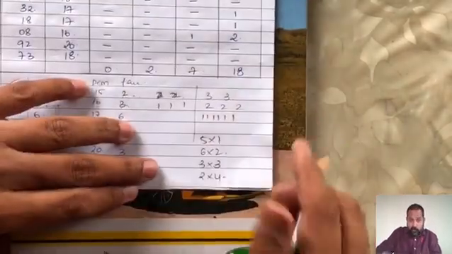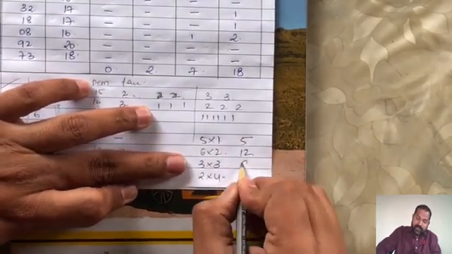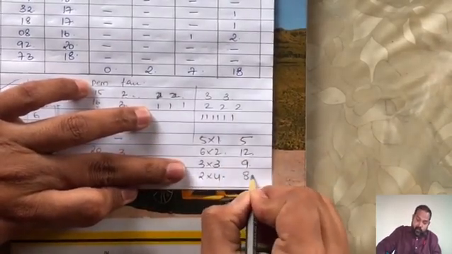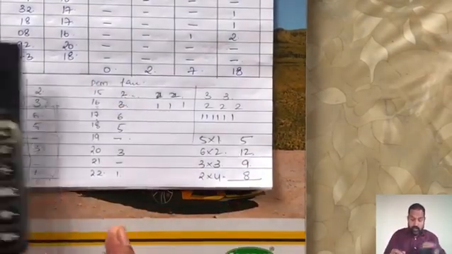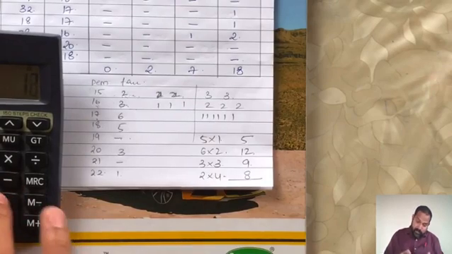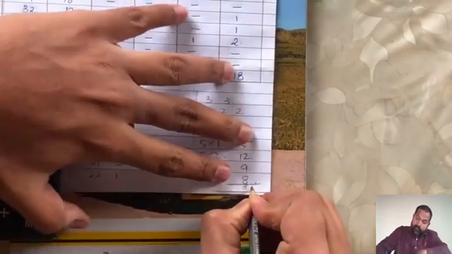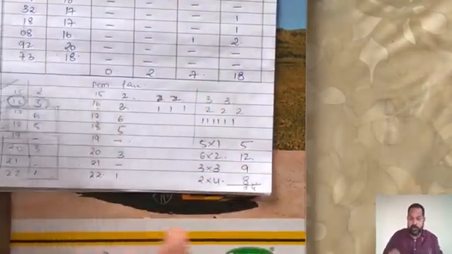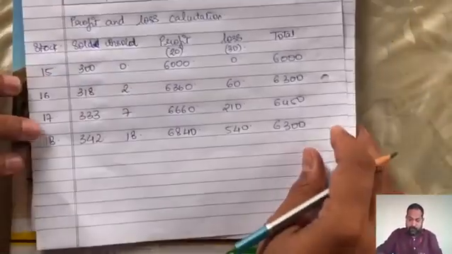So the total number of unsold books is 5, 6 2s are 12, 3 3s are 9, and 4 2s are 8. The total is 5 plus 12 plus 9 plus 8, a total of 34 unsold books.